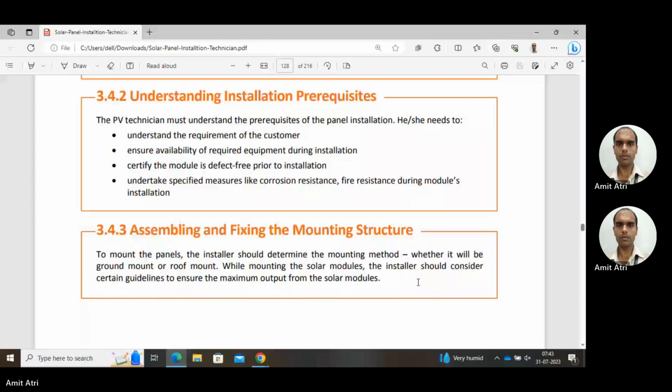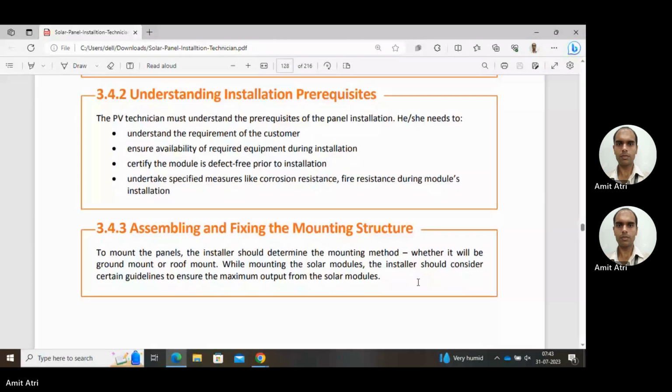environmental conditions. And next is assembling and fixing the mounting structure. To mount the panel, the installer should determine the mounting method. Which type, like ground or on the roof, which type of mounting we need there. While mounting the solar modules, the installer should consider certain guidelines to ensure the maximum output from the solar modules.